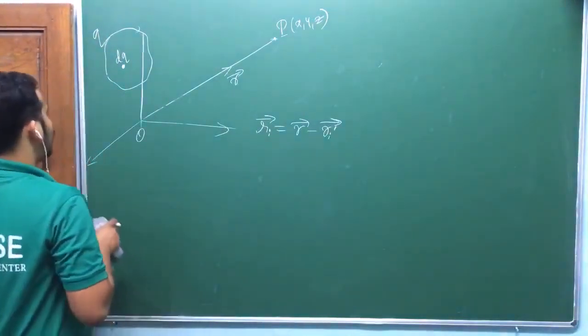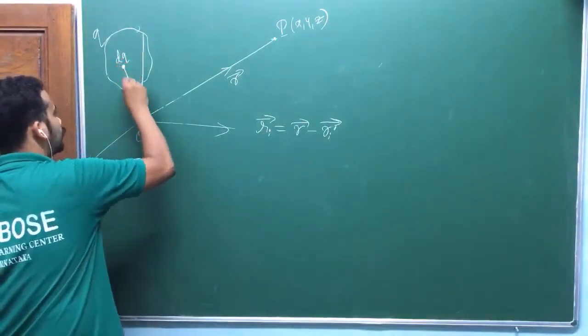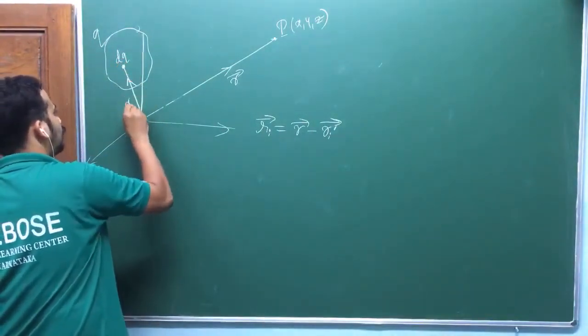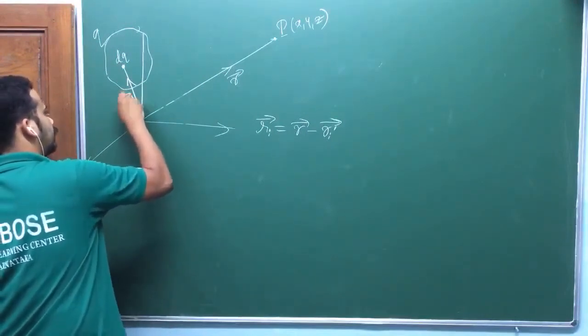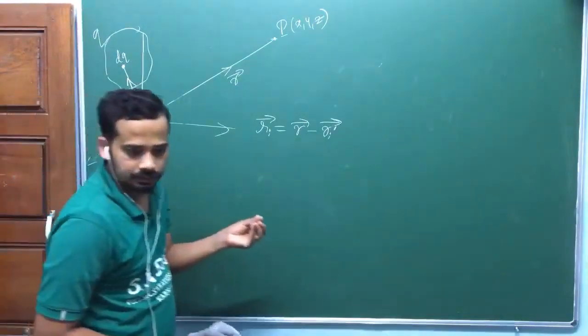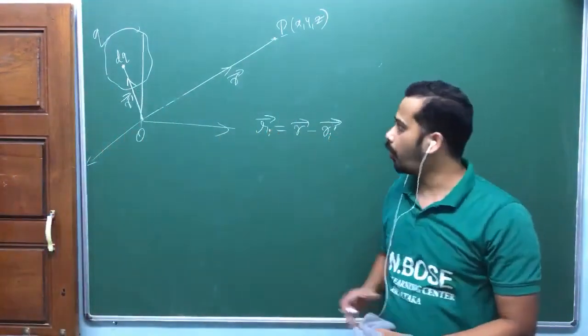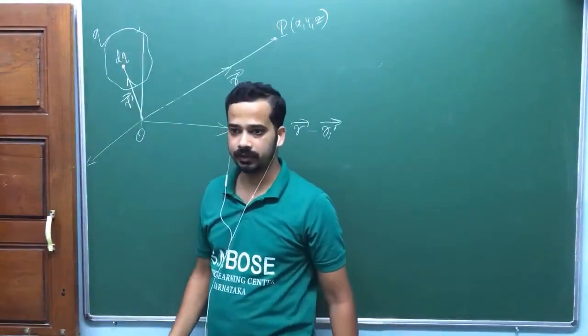Now the location of this one, obviously this is a source charge, am I right? Location of this one, let me write r prime vector. You can't write i, because you can't count how many of these infinitesimal charges there are. Infinitely many.